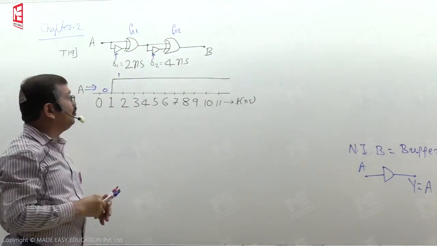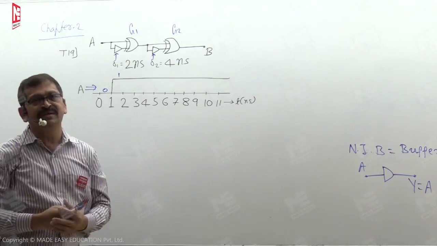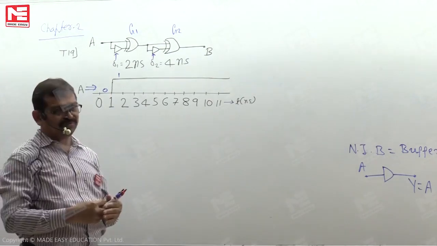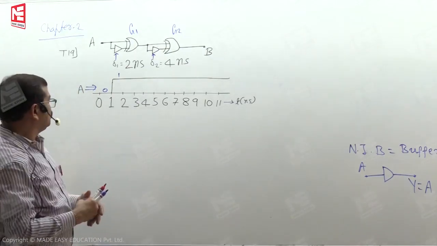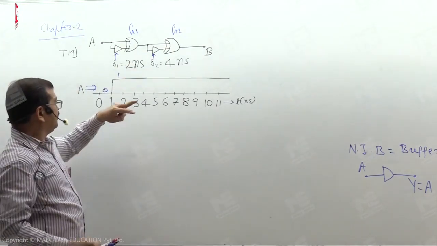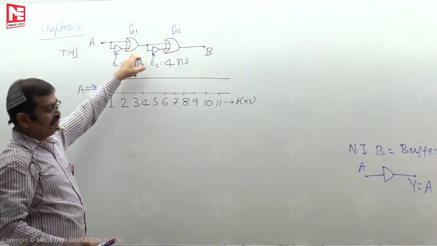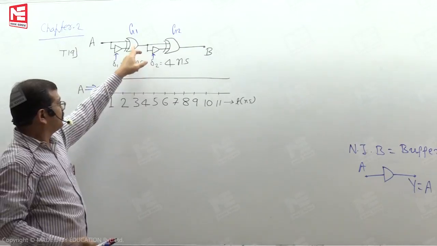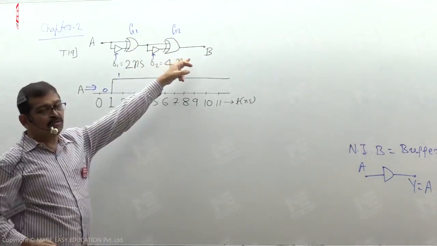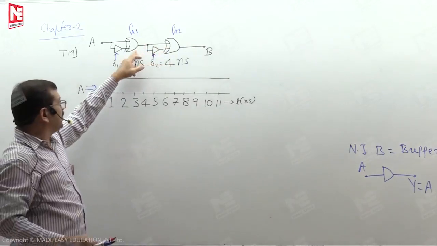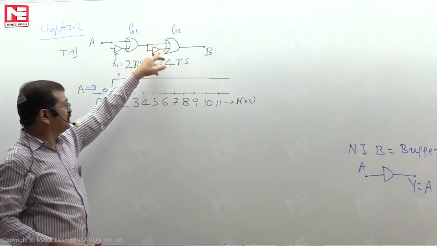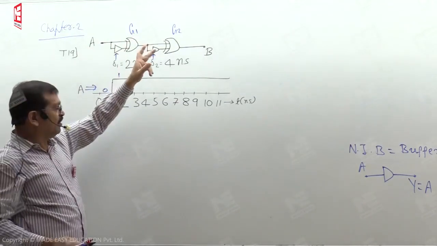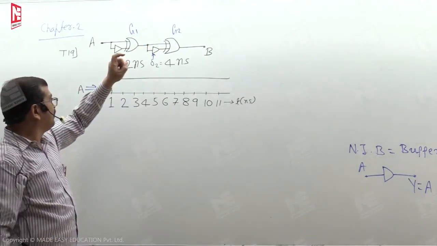Knowing both inputs of gate G2, it is possible to draw the output waveform for G2. Gate G2 gets input from the output of gate G1. Hence, unless we know gate G1, it is not possible to draw the output waveform of B. After knowing G1, we can determine both inputs of gate G2 and draw the output waveform.